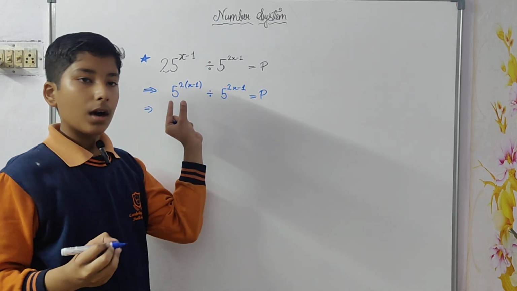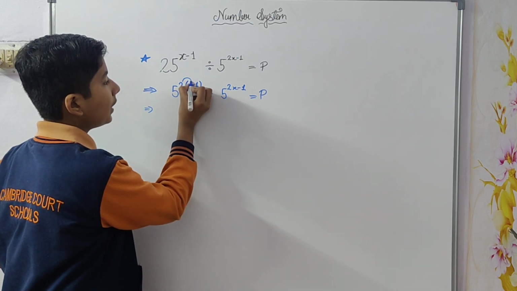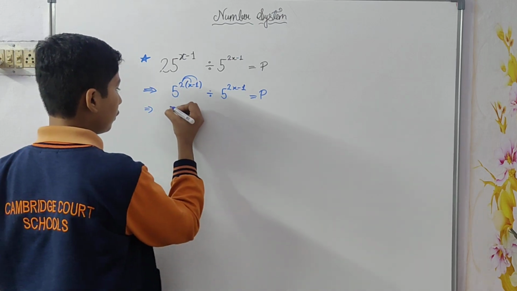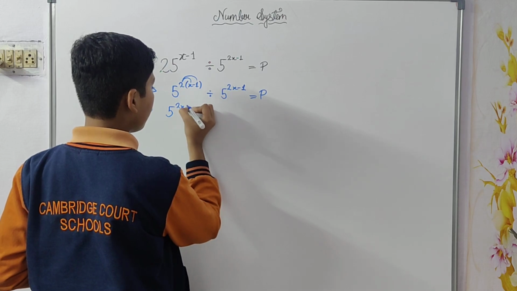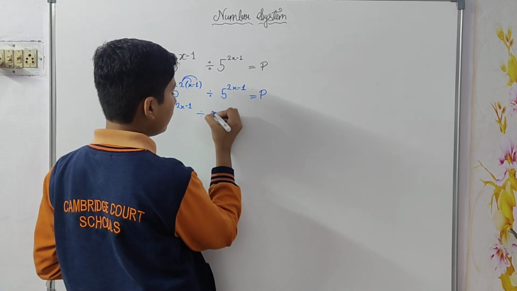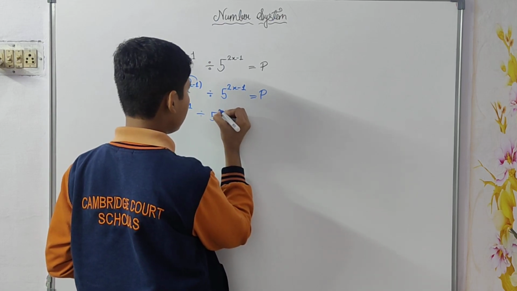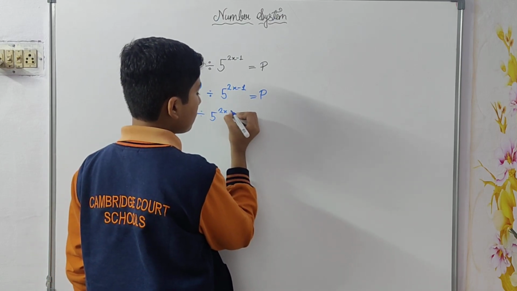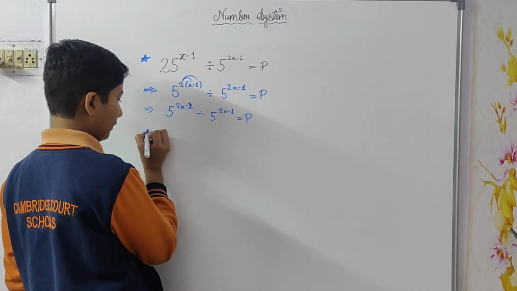Next step, 2 will be multiplied by x and 2 will be multiplied by 1 also. So 5 to the power 2x minus 2, divided by 5 to the power 2x minus 1 equals p.